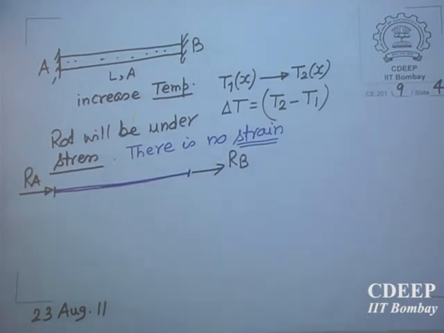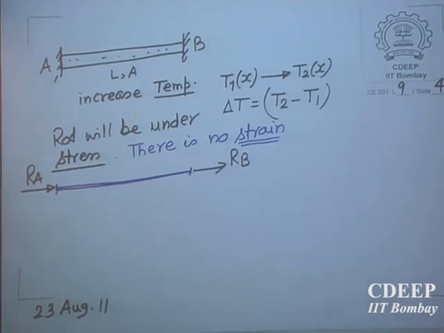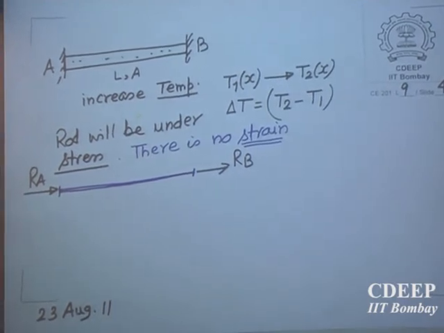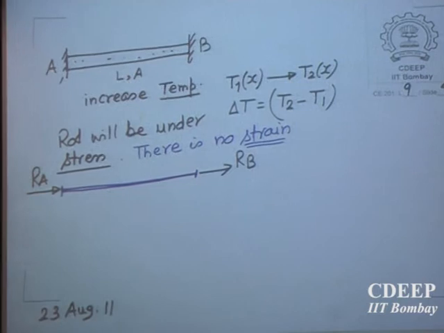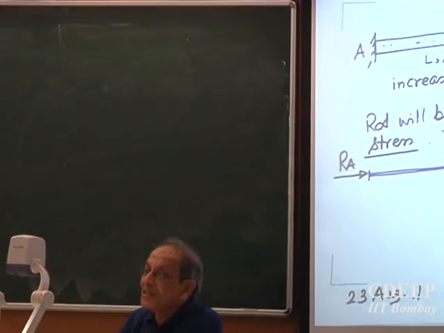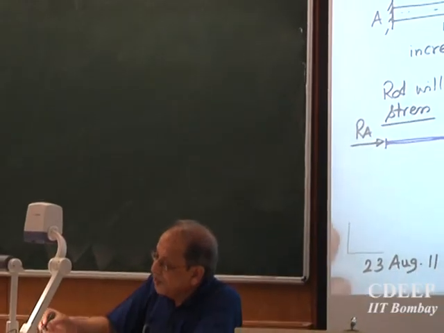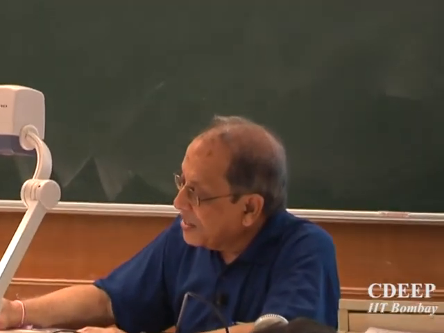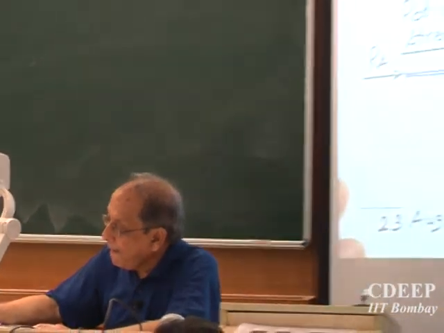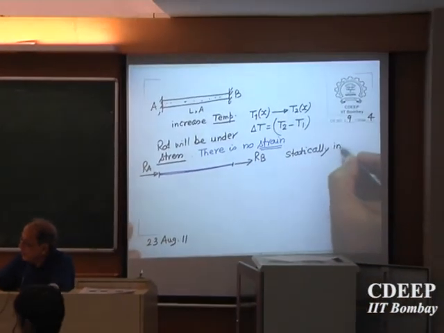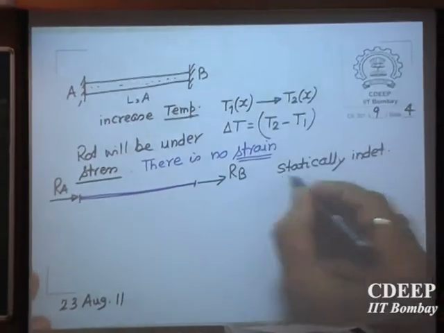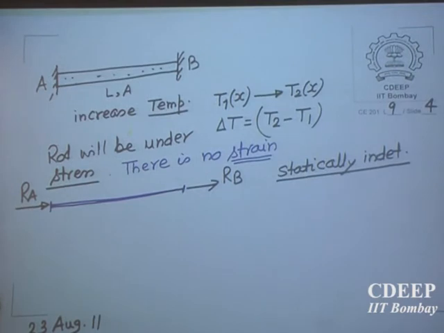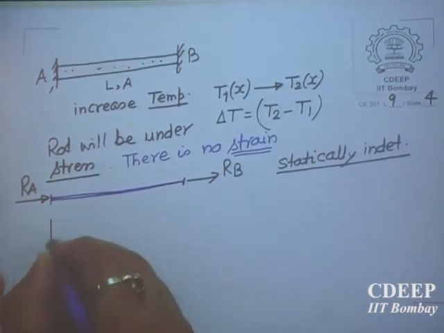Now how to find out this compression, or the stress produced because of the change in temperature of the rod. So again, this problem is statically indeterminate. There are two reactions, so it is statically indeterminate. So what I will do, I will make it determinate first.